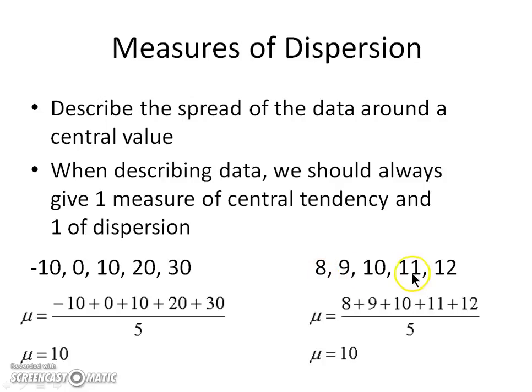The second set, 8, 9, 10, 11, 12, is very close together. It's not as spread out as my first set of data. So in this video we'll be talking about how spread out the data are.